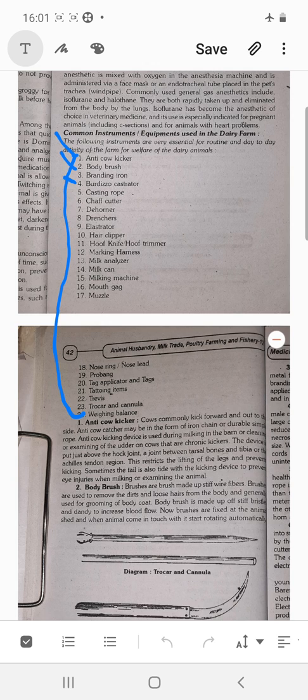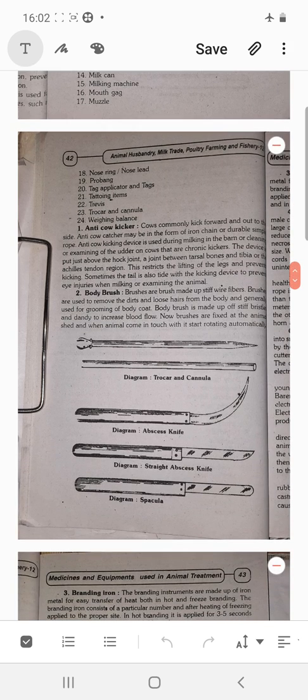This instrument is used to stop kicking by the cow. Cows commonly kick forward and out to the side. Anti-cow kicker may be in the form of an iron chain or double simple rope.